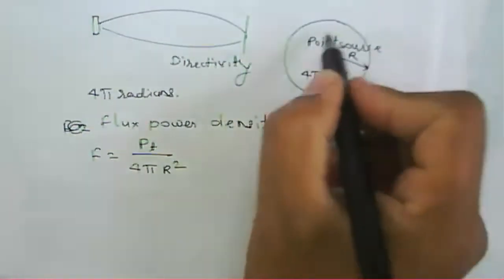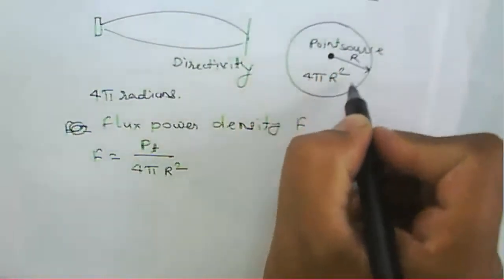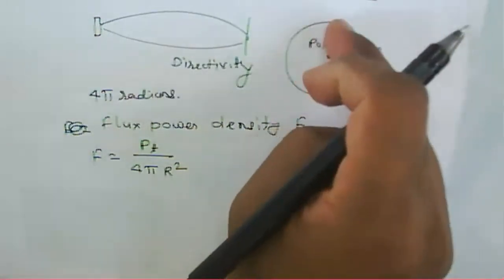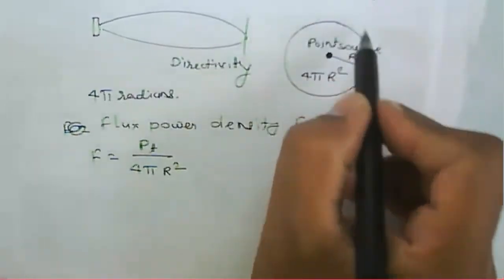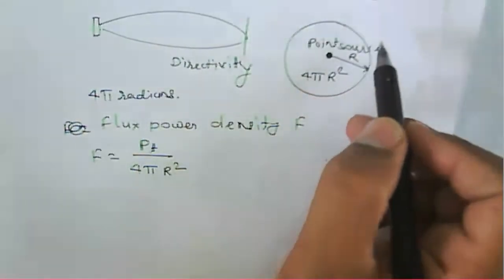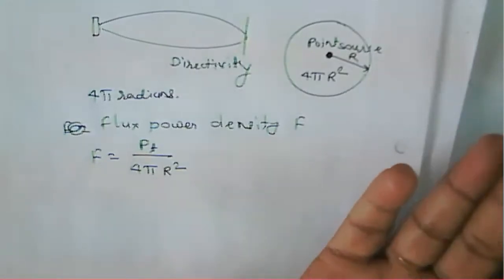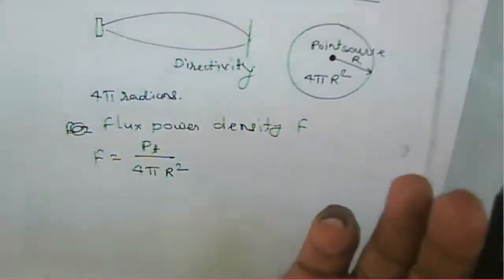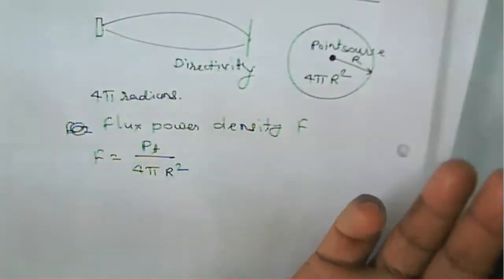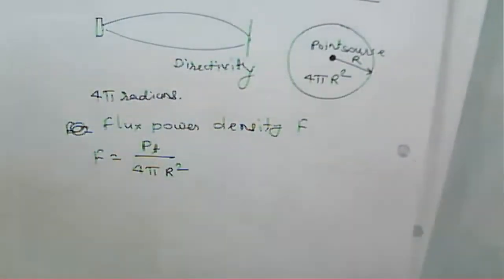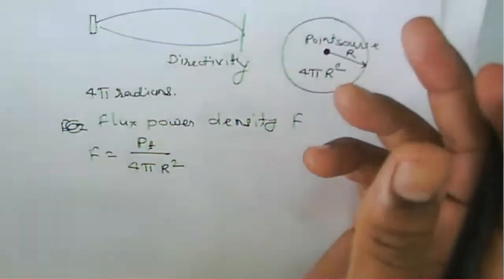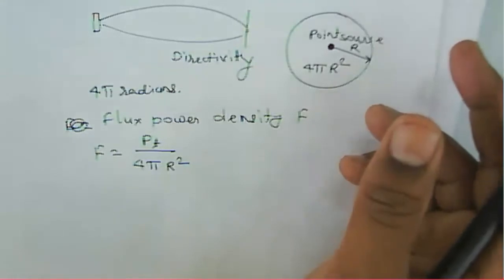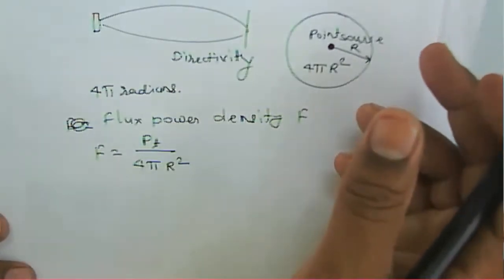For a given point source at one particular place, if you consider the earth surface, we have the equatorial plane, or on the equator, suppose we have the transmitter there. How much is the region covered by this particular antenna?